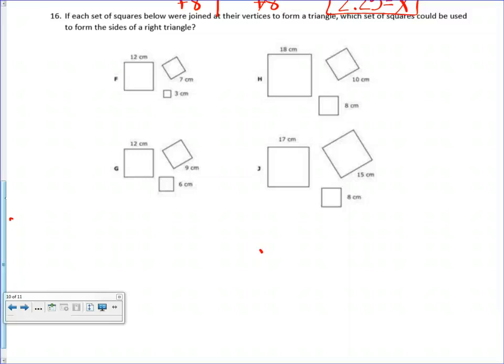So here, if my side length is 3, the area of that square is 9. The area of this square would be 49, because 7 times 7. And then the area of the largest would be 144. 9 plus 49 does not equal 144. So this would not be a right triangle if the vertices were joined.